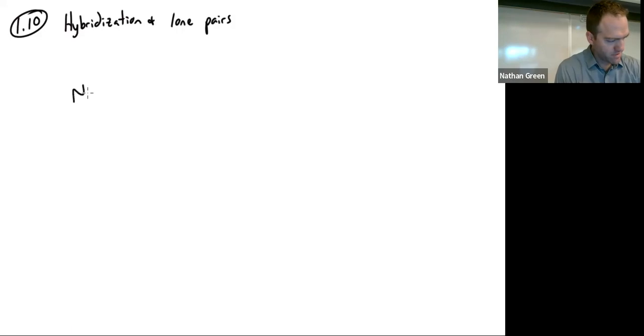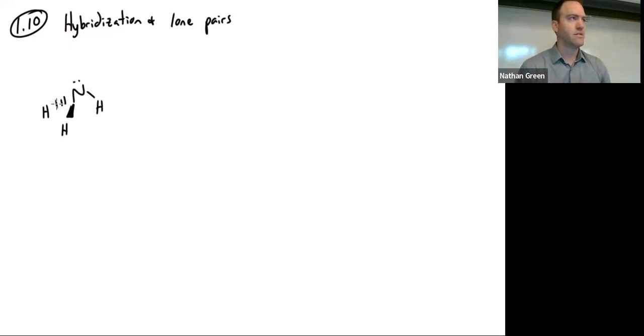Let me show you 2 different molecules. Anybody know the name of this, NH3? It's ammonia. Ammonium would be if it had another hydrogen up here, that'd be NH4 plus. So that's ammonia.